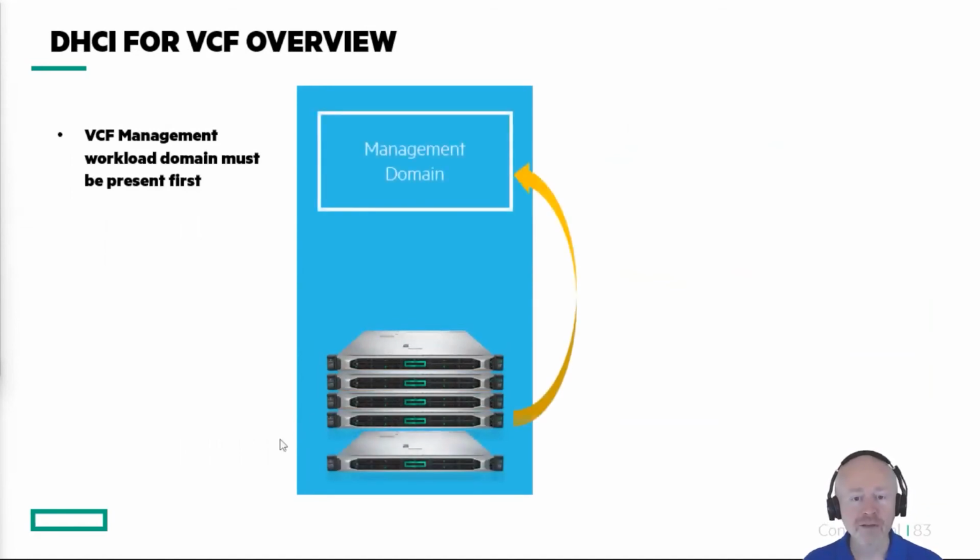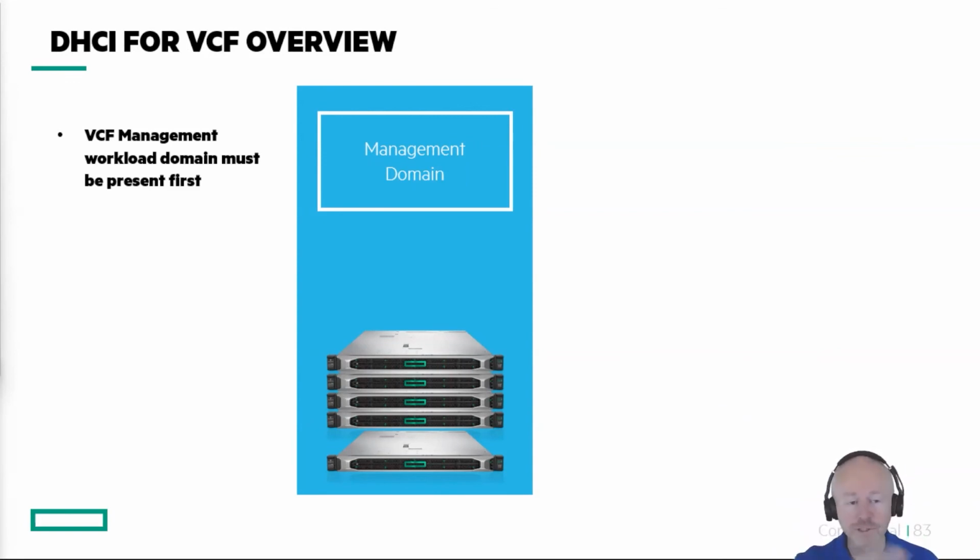We will have an environment with a management domain, so that must be present first. In reality, most of the time it is 2 or 3, depending on the size. There's a sizer tool, by the way, but mainly it is 2 or 3 of those very common DL325 nodes running VMware.